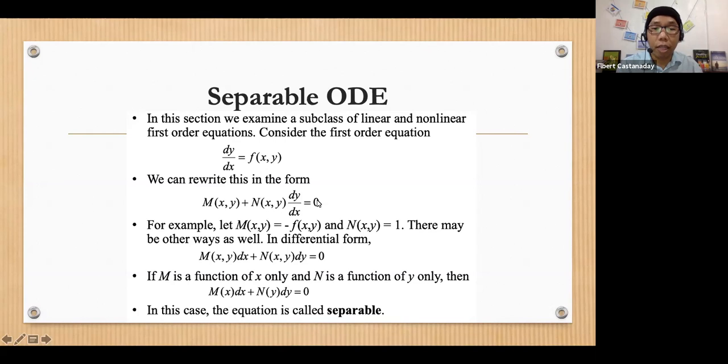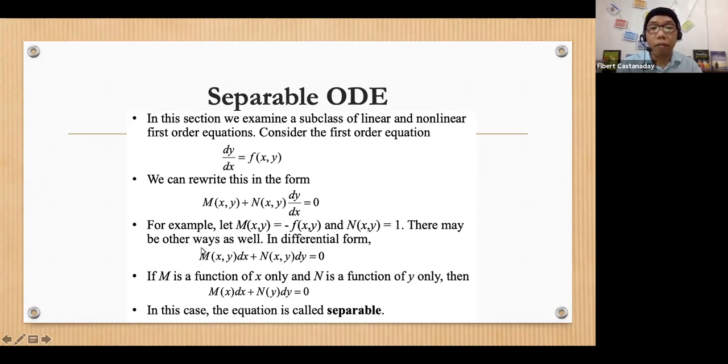Or you can rewrite this into a differential format where M is the coefficient of dx and N is the coefficient of dy, equal to 0. So as you can see, M here is a function of both x and y, and N here is a function of x and y.